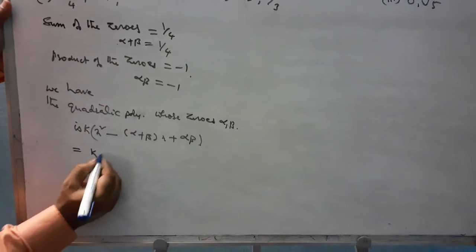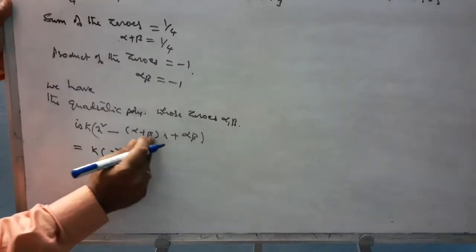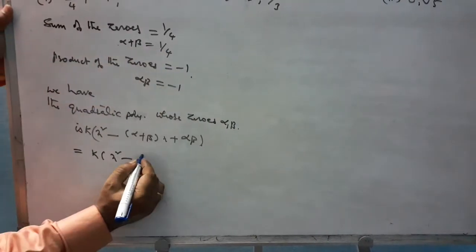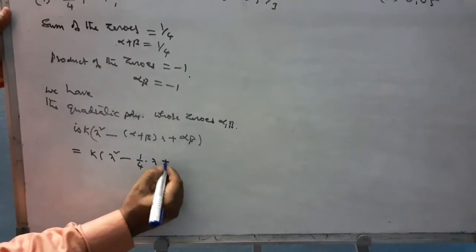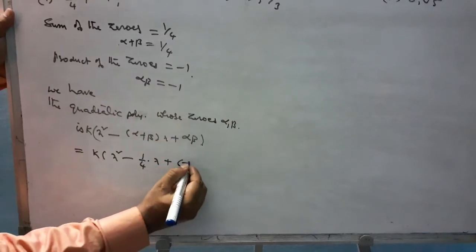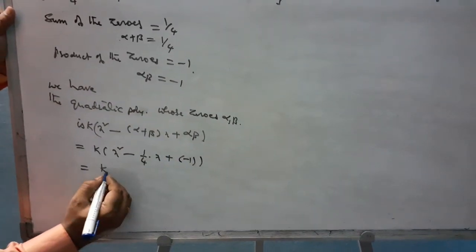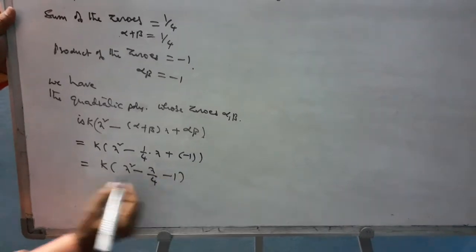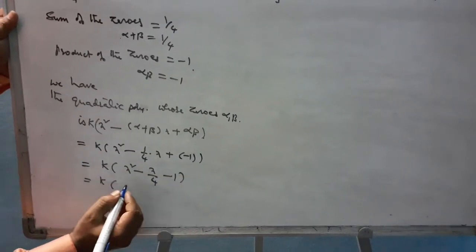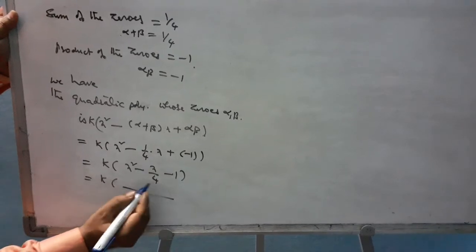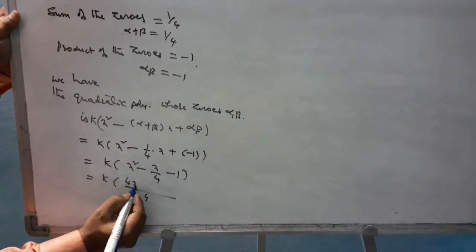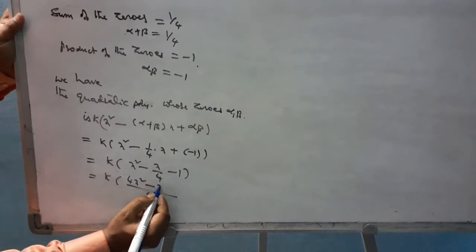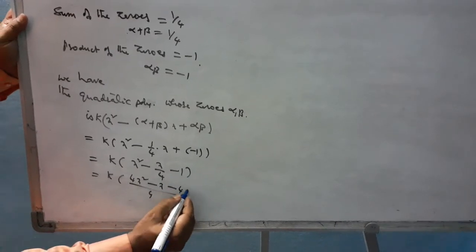So here k into x square minus sum of the roots, which is given as 1 by 4, into x plus alpha beta, which is minus 1. So we will get k into x square minus x by 4 minus 1. If you take the LCM 4, we will get 4x square minus x minus 4.